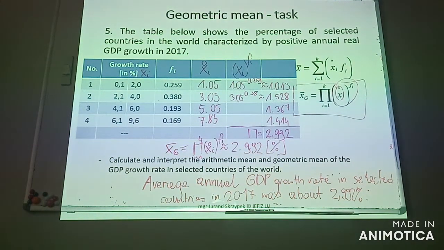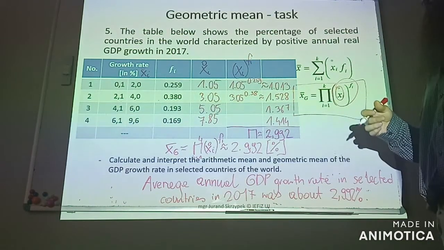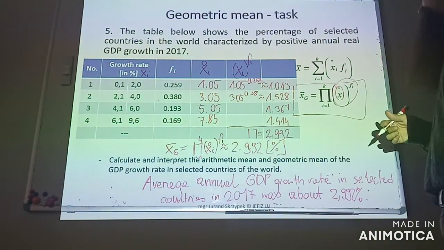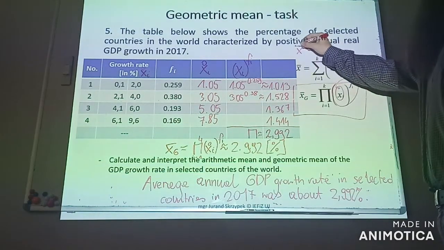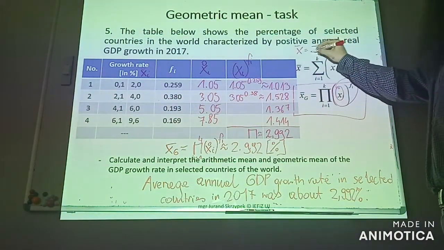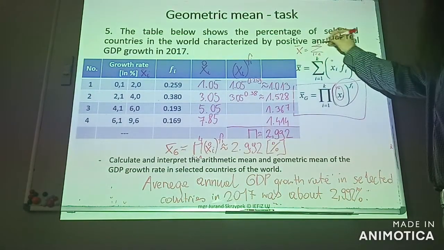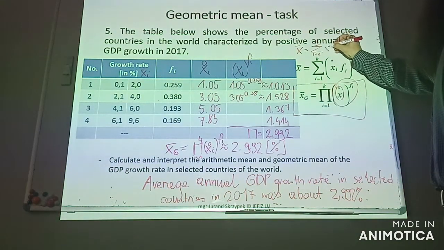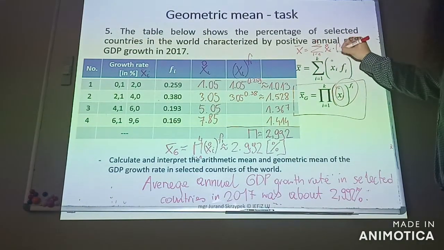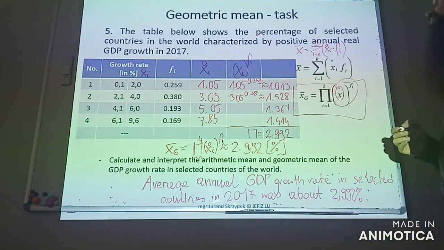We can also compute here the arithmetic mean, as we can treat this like an exercise, a kind of revision, reminder. We know that the arithmetic mean is the sum from i equal 1 up to k of xi with a circle, the middle of the classes, multiplied by relative frequencies.